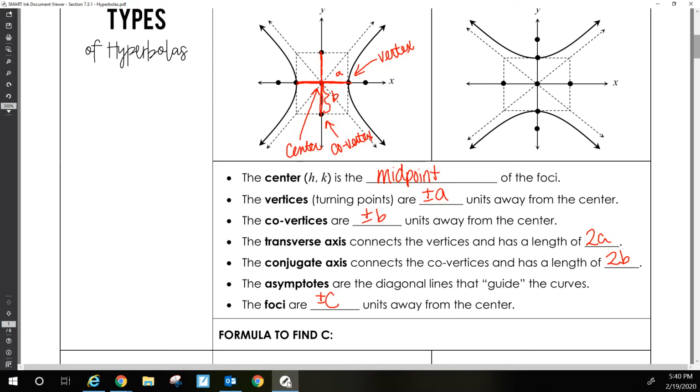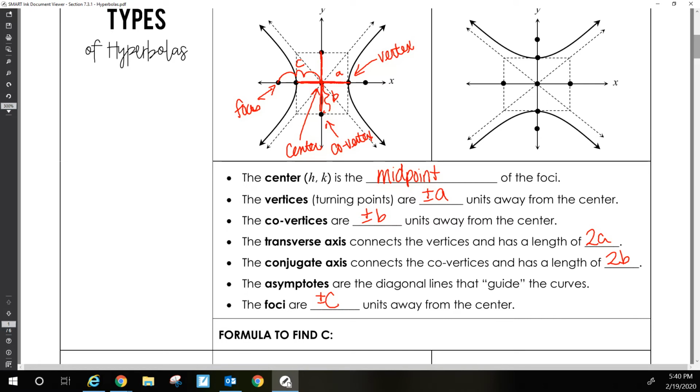So this big distance here, all the way to here, is your c. Same thing on the other side. So this is your focus, this is your center point here. Co-vertices are on your conjugate axis. Vertices are on your transverse axis.